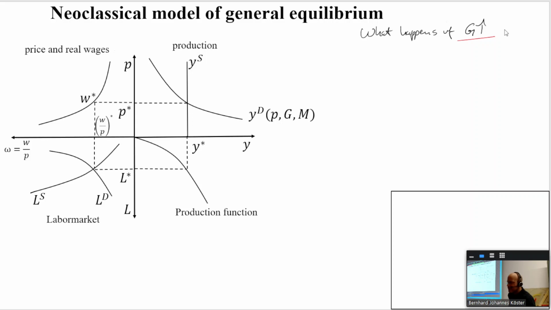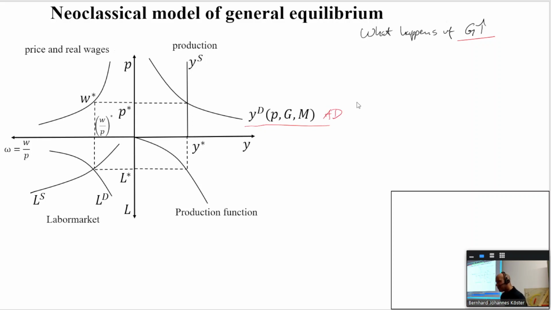Yeah, and at which function? Yes, here at the AD curve we find it.